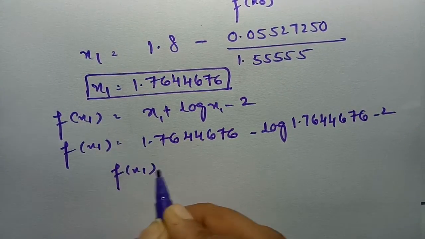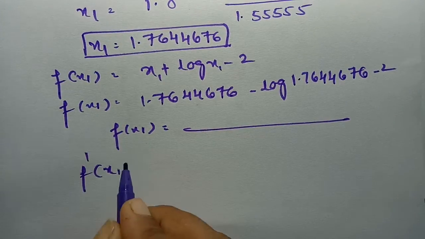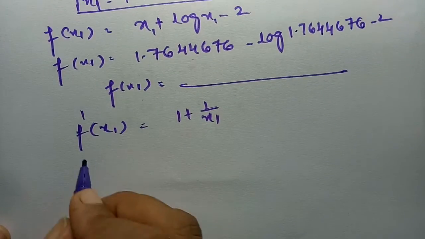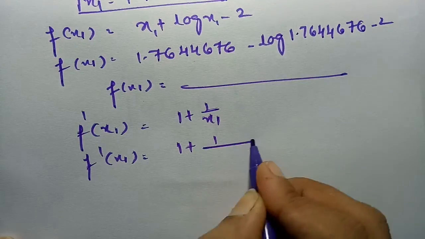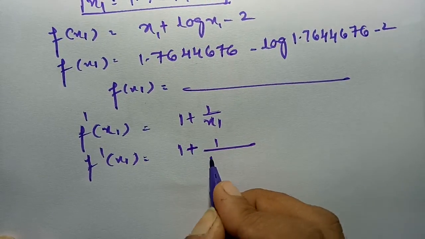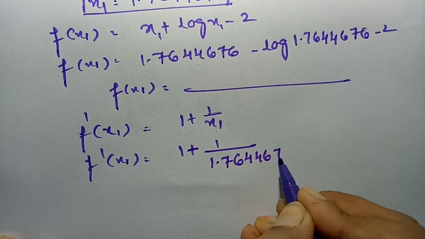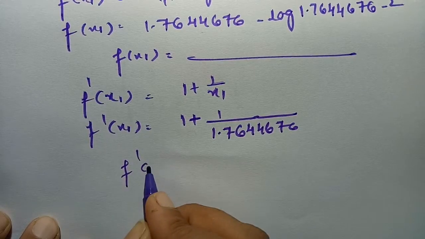And f dash of x1 will be 1 plus 1 by x1. So f dash of x1 will be 1 plus 1 by 1.76444676. So I have to calculate all these values.